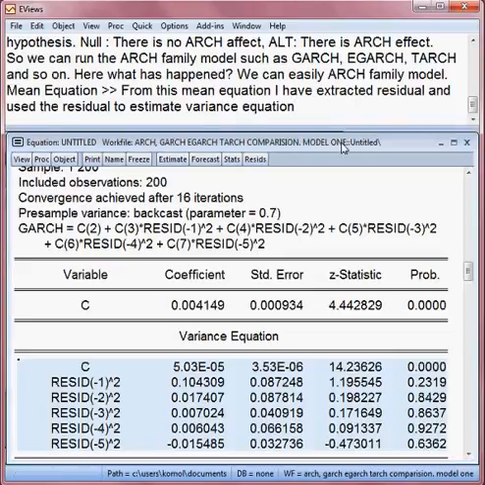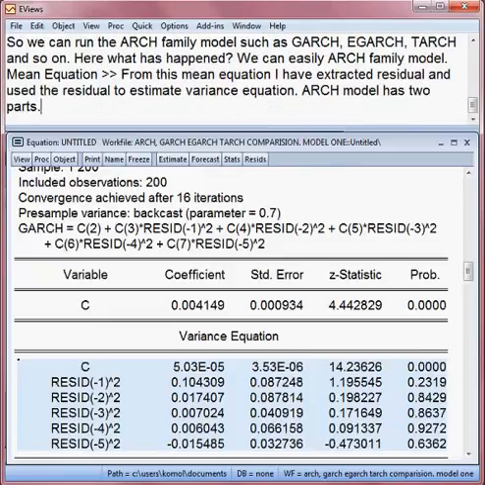So meaning that the ARCH model has two parts. The ARCH model has two parts. One is the mean equation, and the second one is the variance equation.